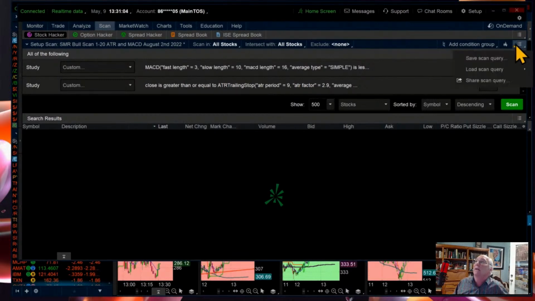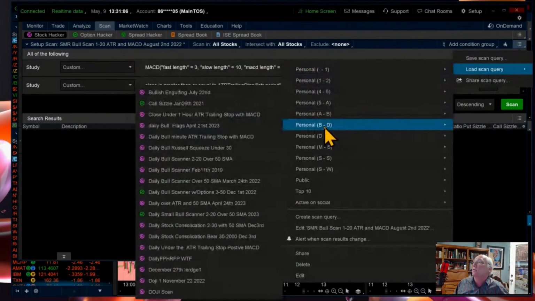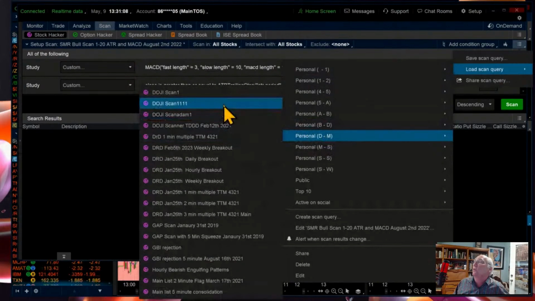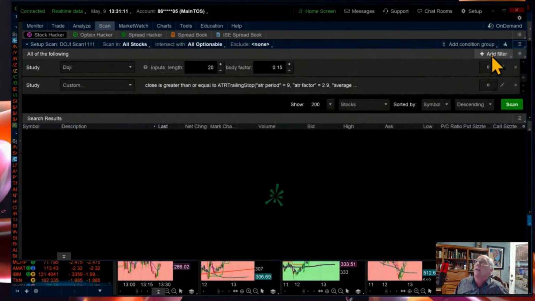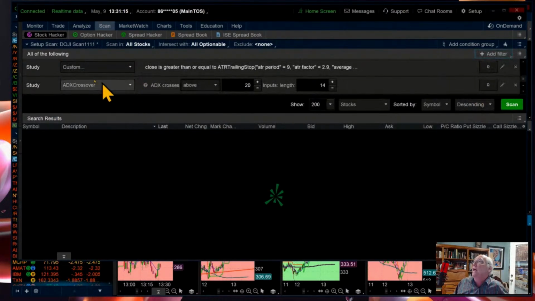So now we're going to go back to Doji Scan 111. Real original. And now we're going to add another study. And we're going to have this.